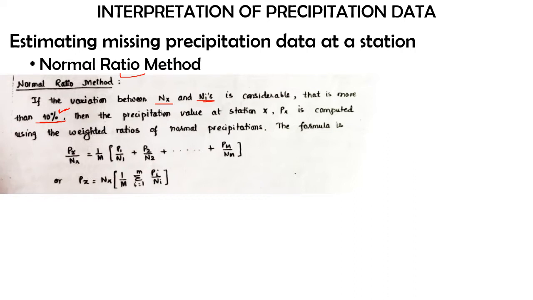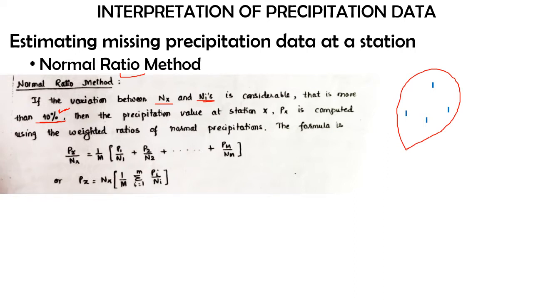Okay, so let us again take one figure. So imagine this is your catchment area. Okay, and imagine these are your rain gauge stations. So let us assume that we have 1, 2, 3 and 4 rain gauge stations. Just for the sake of explanation, let us take 4 rain gauge stations. So let us give them a number.